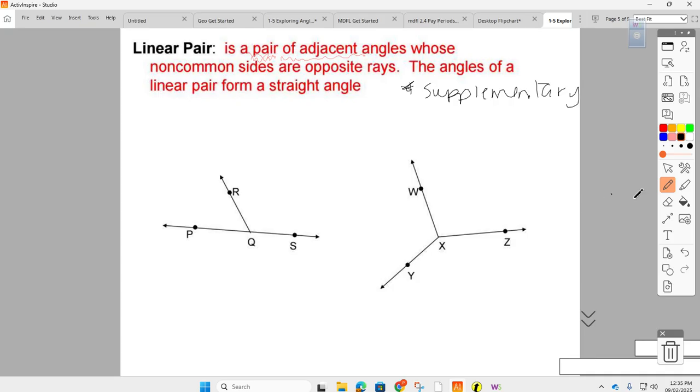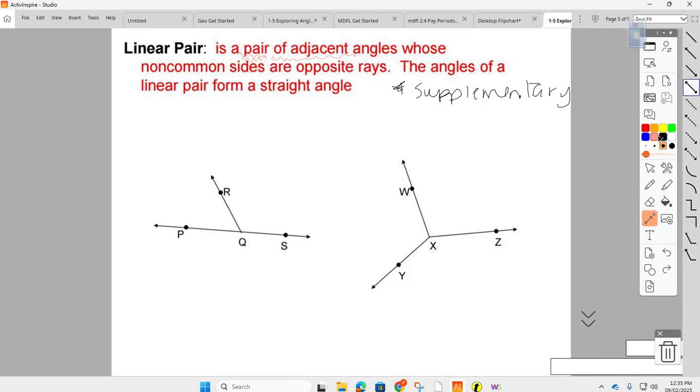So, for example, this is an adjacent pair of angles whose non-shared sides form a straight angle, which we really call a line, right? So the straight angle is just a line.